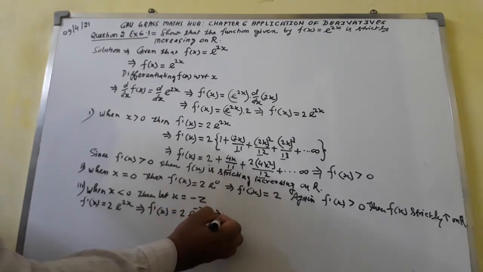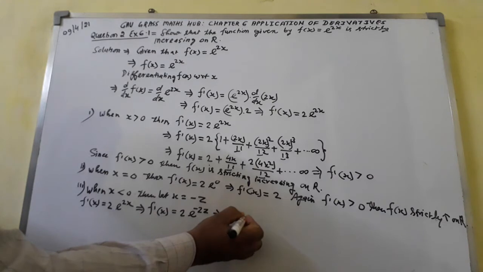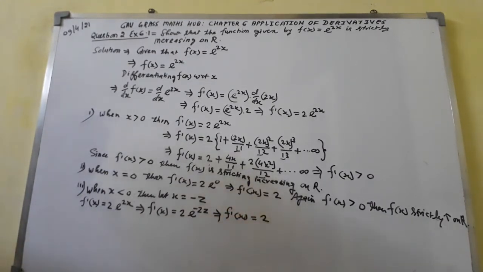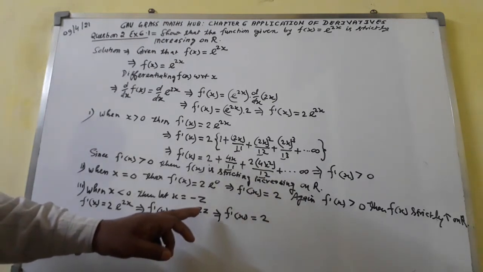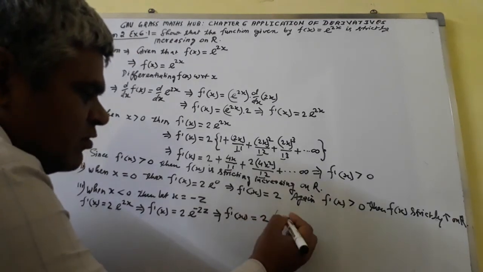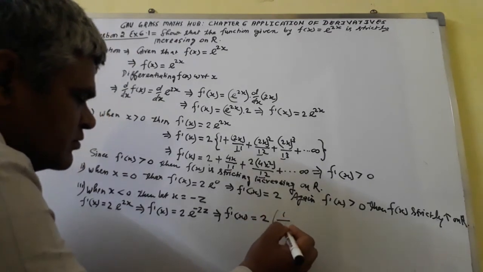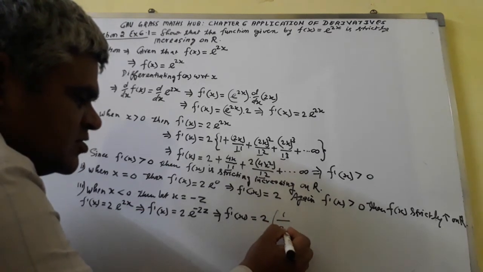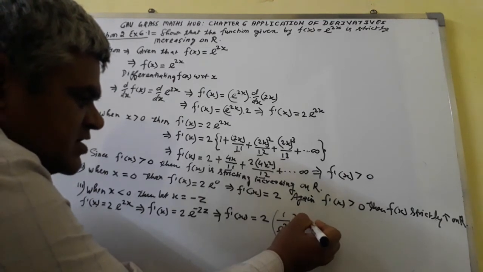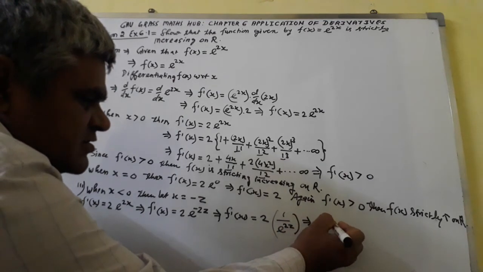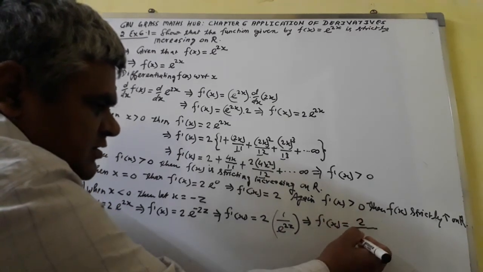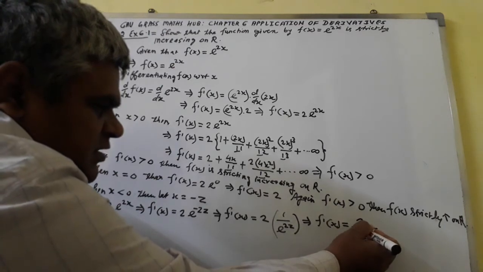We get f dash of x comes out to be 2 times e raised to the power minus 2z. We get 1 over e raised to the power 2z, implied that f dash of x comes out to be 2 over e raised to the power 2z.